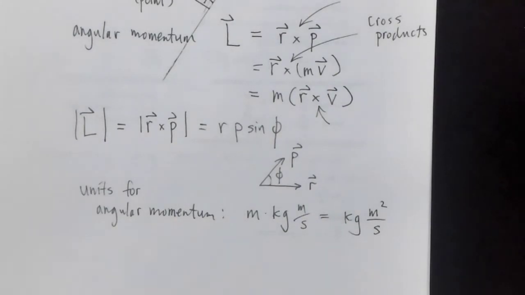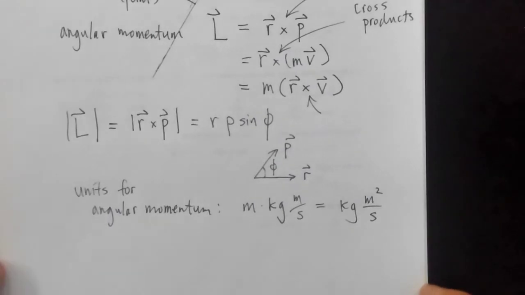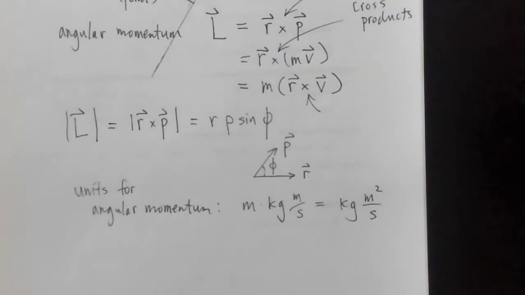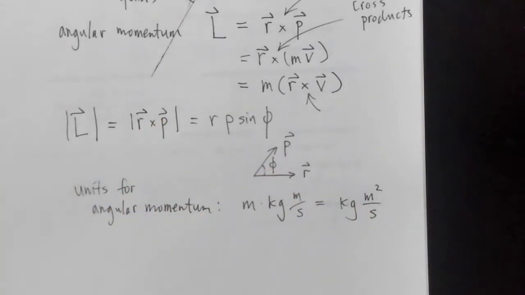By the way, if later on you learn about quantum physics stuff, anybody heard of quantum mechanics? It turns out, this is not part of this class, that this angular momentum is actually not a continuous variable. It can't be like 3.1415965.